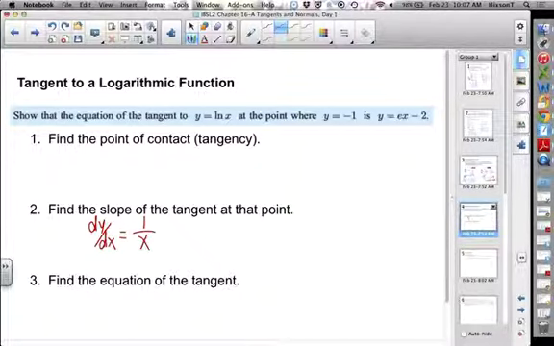All right, so we'll get to actually finding what this slope is in a moment, but the point of contact when y is -1, this makes it a little more challenging. -1 equals the natural log of x. How would you solve that equation?